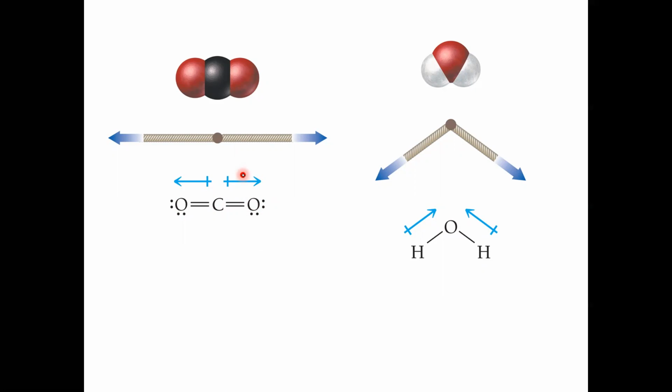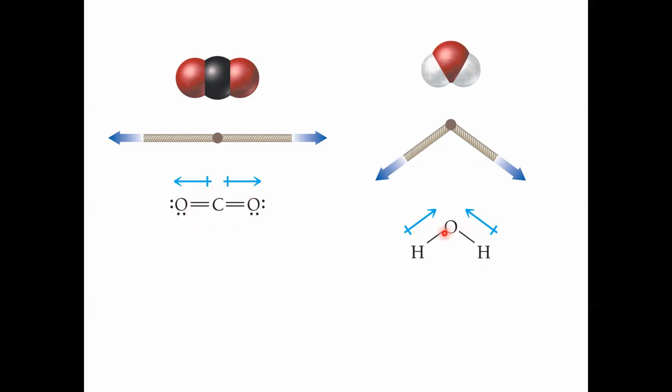However, when we draw out the three-dimensional geometry for H2O, we have to remember what the actual geometry looks like. That is what the molecular geometry looks like. If we had not considered what the actual molecular geometry looks like, we might think that this geometry looks similar to this geometry.